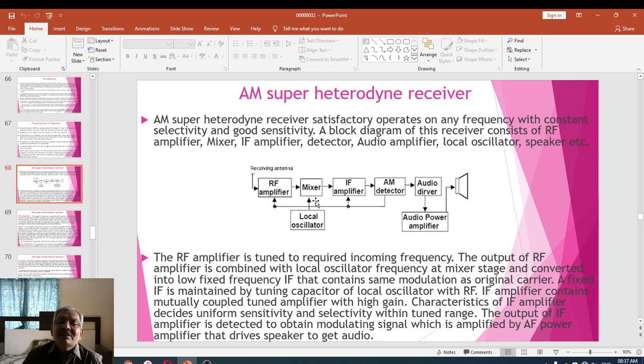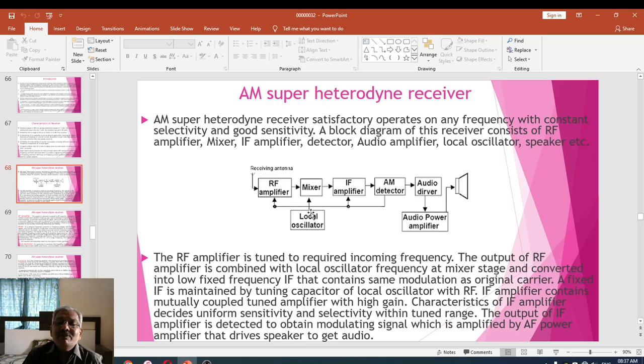Mixer, as the name suggests, mixes two signals. One is the signal from the output of the RF amplifier and second one is the signal from the local oscillator.